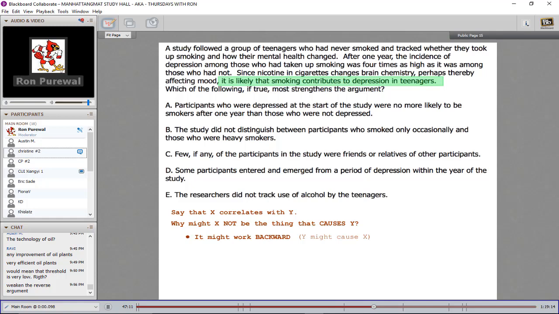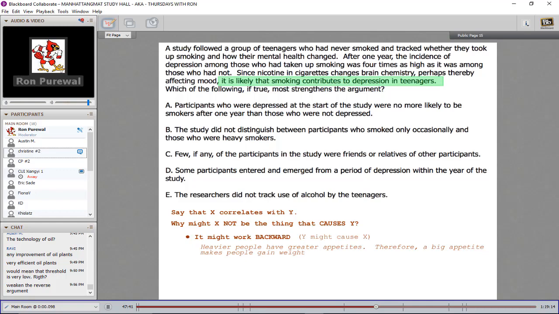An example of that: usually heavier people have greater appetites, therefore a big appetite makes people gain weight. This could be the other way around, right?